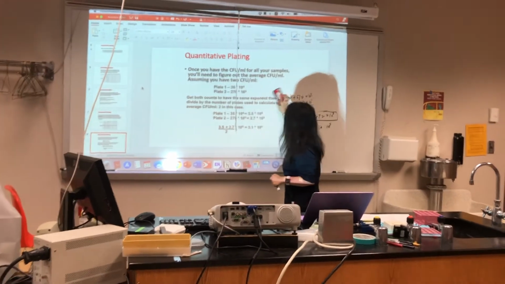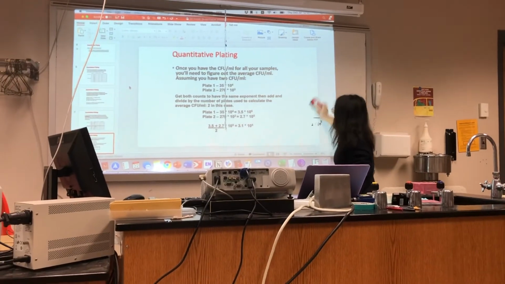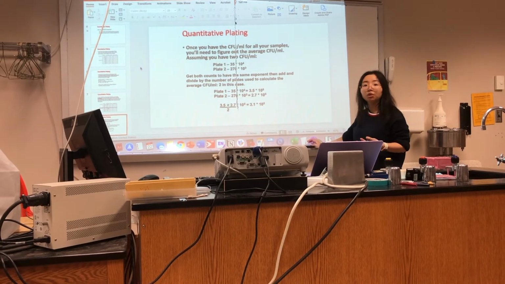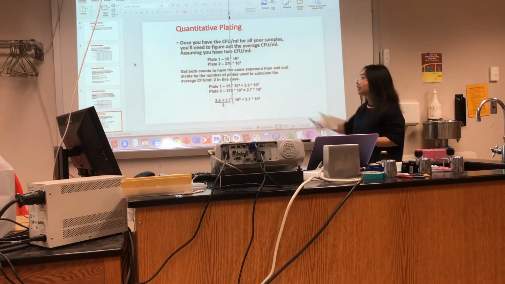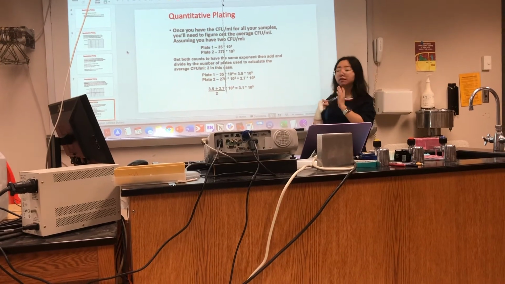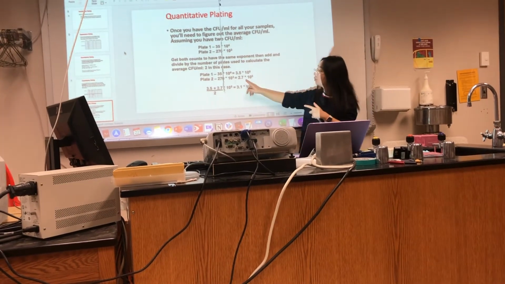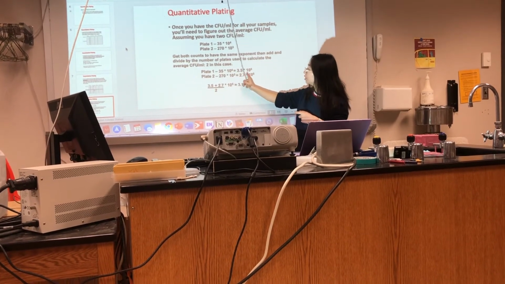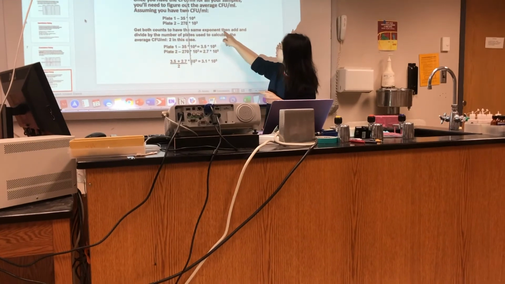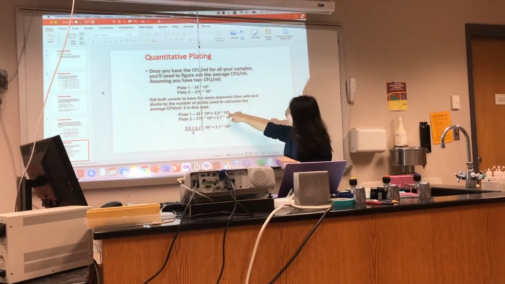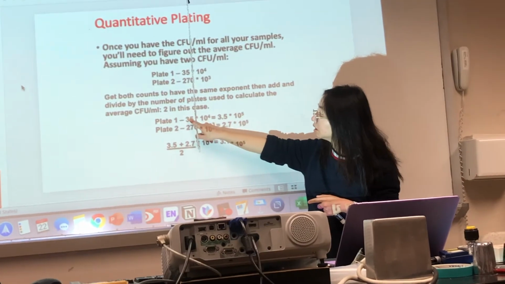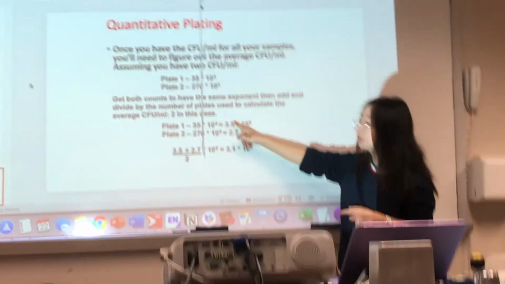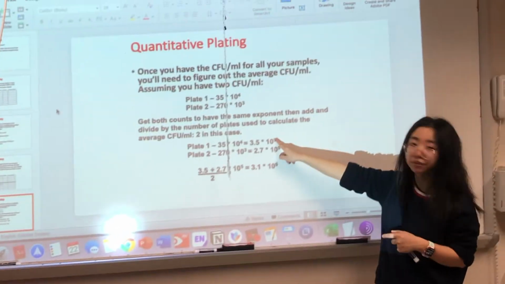So this is the easy way I just mentioned. If we have 2 plates, we need to do the average. We need to add these 2 numbers together and divide by 2. A very easy way to do the calculation is by having the same exponent. 35 multiplied by 10 to the 4 equals 3.5 multiplied by 10 to the 5th.